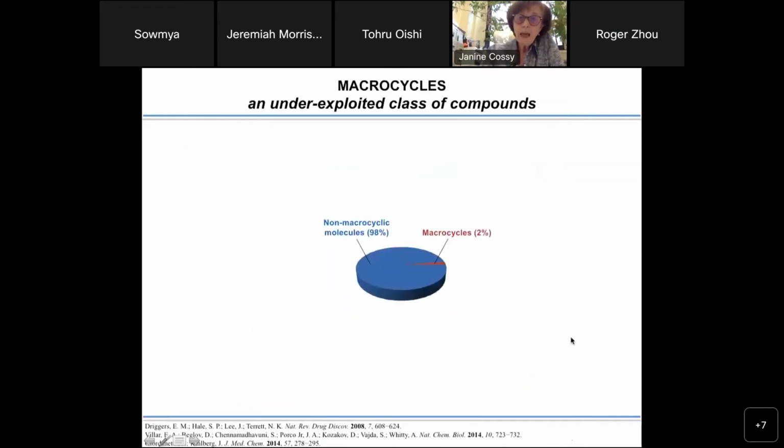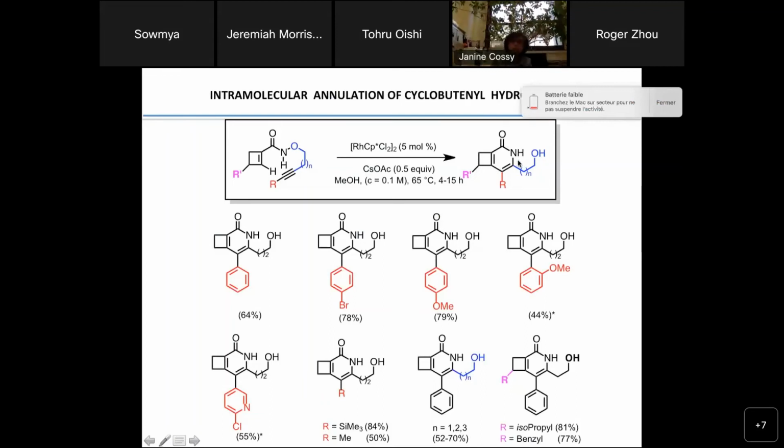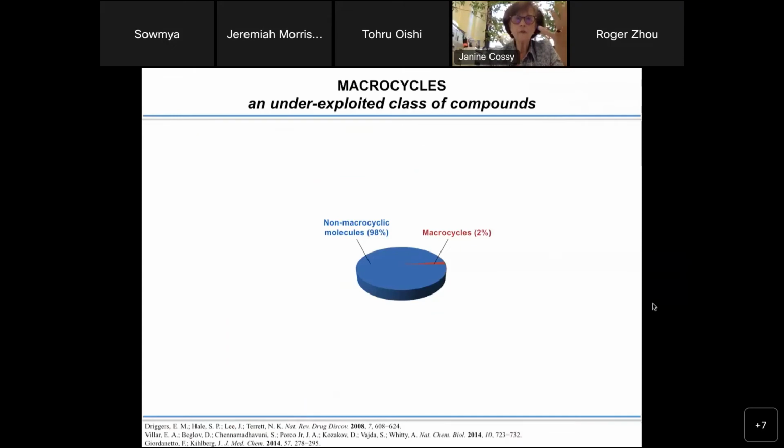So we have prepared this kind of isoquinolone by replacing the aromatic group by a cyclobutane. And in fact, strained rings are okay, but macrocyclic compounds are also very fine to have a biological activity.